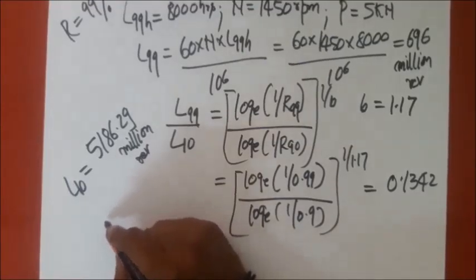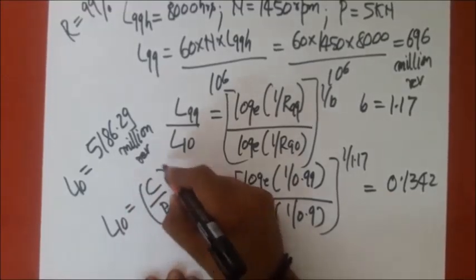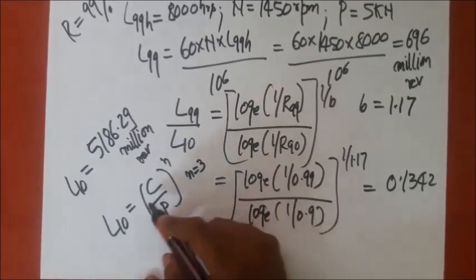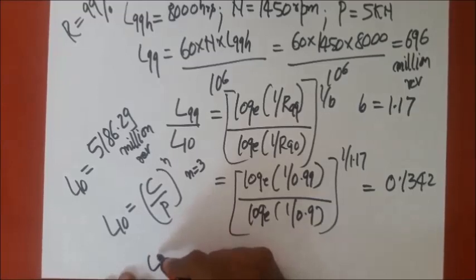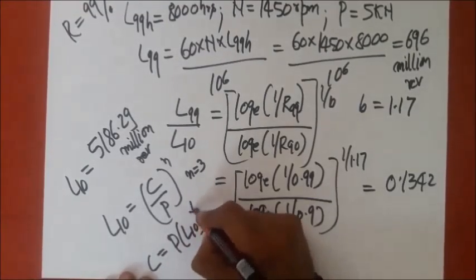As we have previously seen, L10 equals (C by P) raised to N. N here is 3. Now substituting 3 here and the values of P and L10, we get C equals P times L10 raised to 1 by 3.